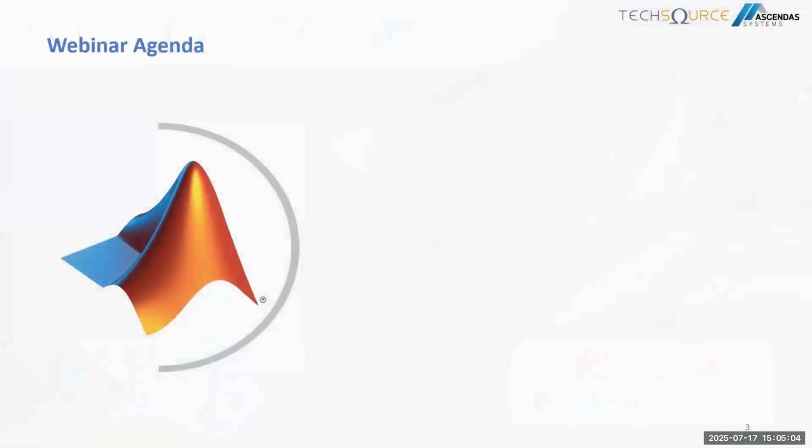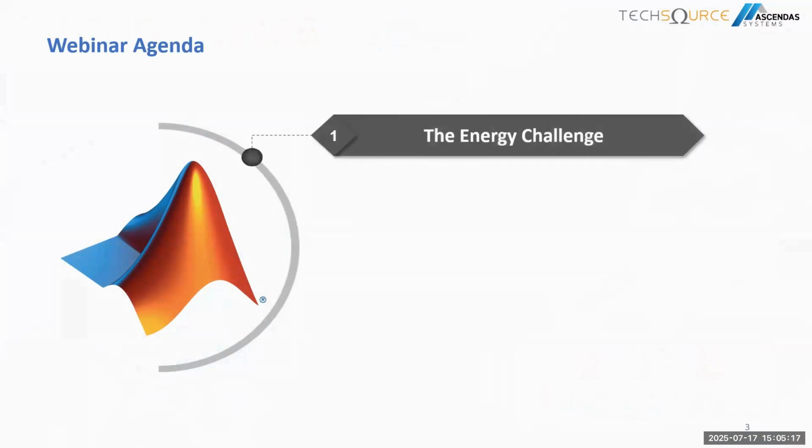Let me go through my agenda for today. I wanted to share with you some energy challenges that we are facing. In the global energy challenge, there's a growing demand for clean, reliable, and efficient electricity, and this drives the need for advanced technologies for electrification and power electronics.